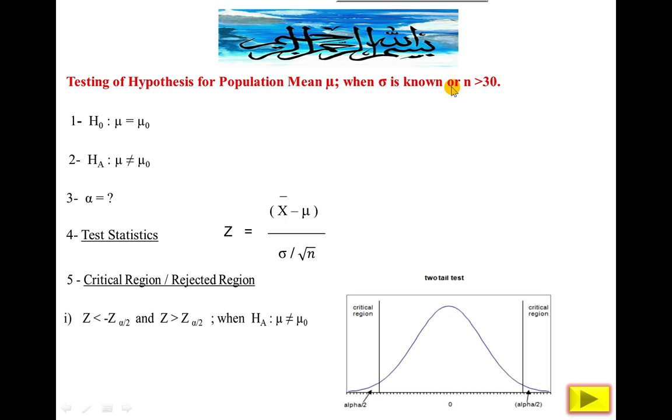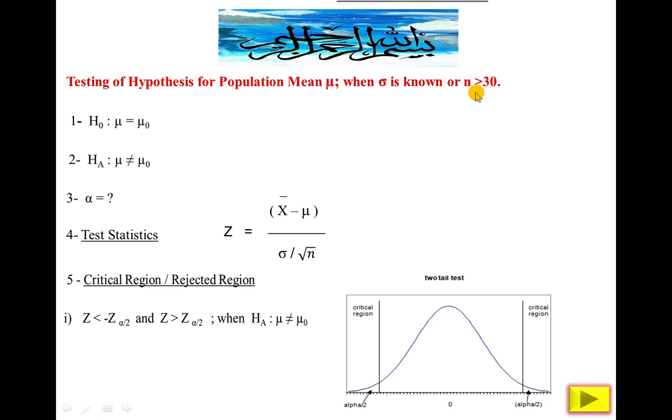In the previous topic we used the condition sigma unknown and n less than or equal to 30, meaning both conditions should be satisfied, but in this if only one is satisfied, either sigma is known or n greater than 30, then we apply this method.